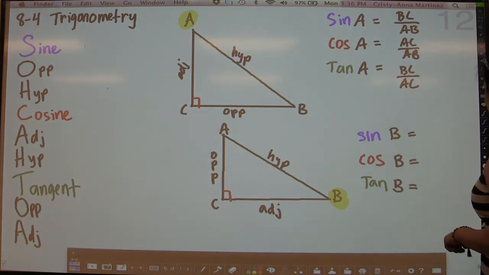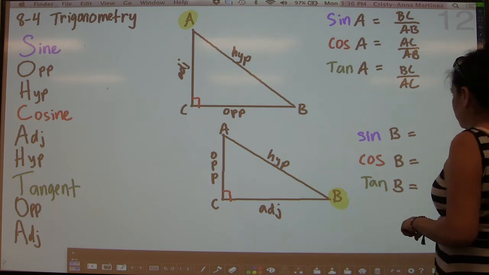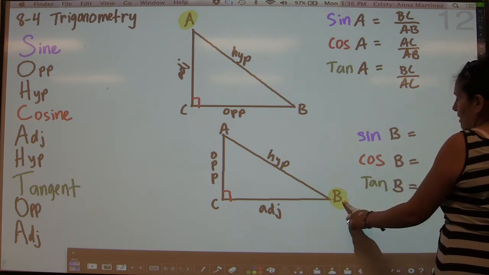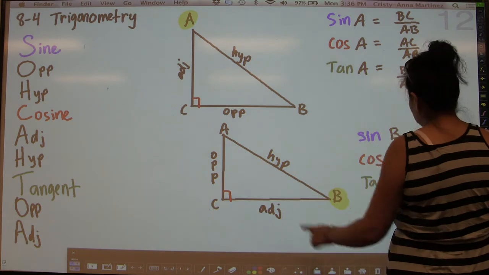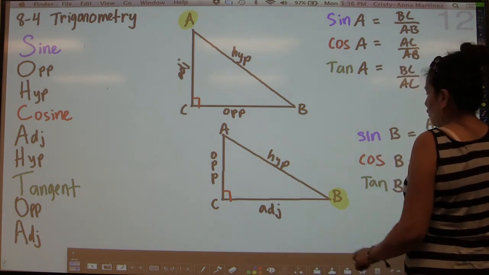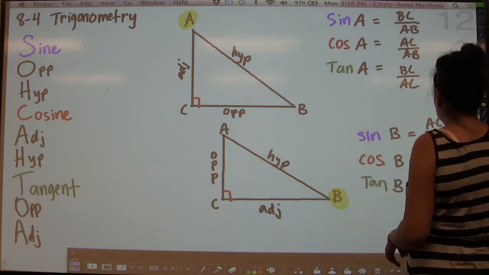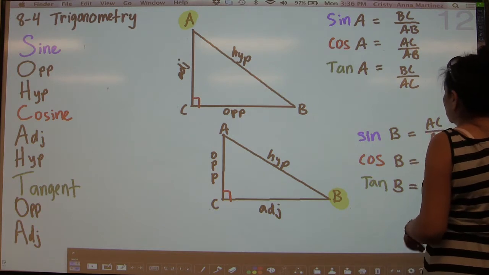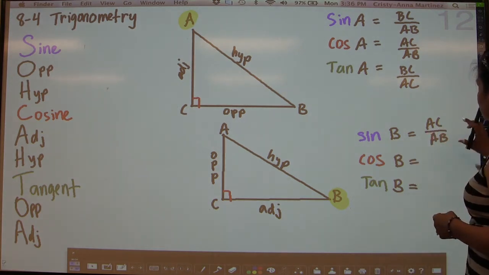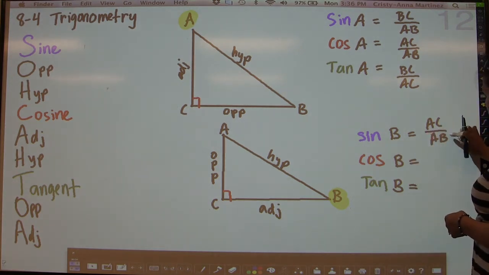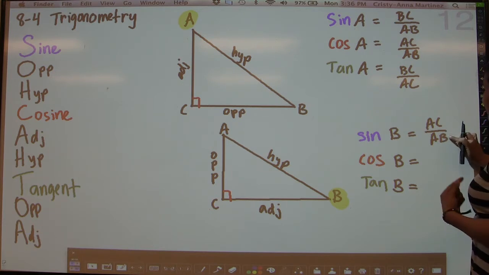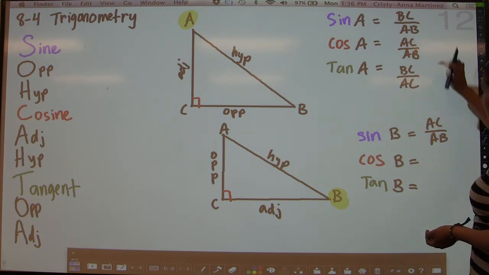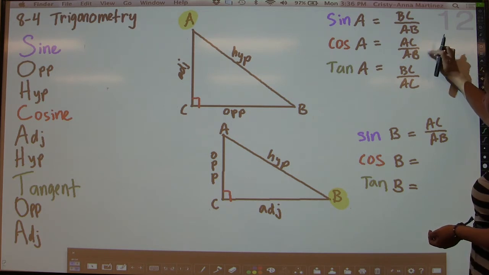For B, you'll see that I'm going to get different scenarios over here. For the angle B, sine is going to be the opposite, which is AC, over the hypotenuse AB. So you can tell right now that the sine of B, AC over AB, this ratio is the same as the ratio of cosine for A, AC over AB.